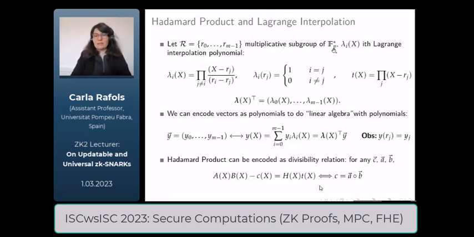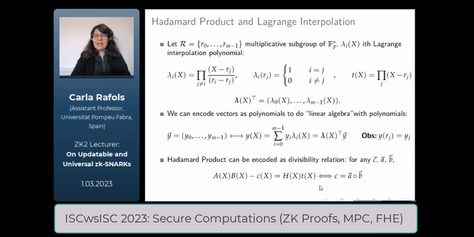The important thing is that we have this polynomial, which is the i-th Lagrange interpolation polynomial, which you have probably seen somewhere. What's interesting about this polynomial is that it evaluates to 1 at R_i, and it evaluates to 0 at R_j if i is not equal to j.